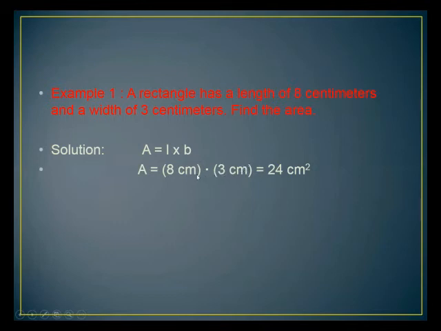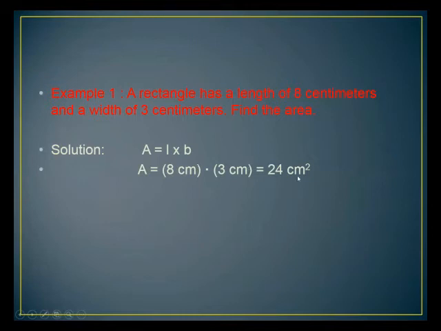We are going to multiply the 2 centimeters, and that's why we have to add their exponents. The exponent of centimeter is 1, and here the exponent of the centimeter is also 1.